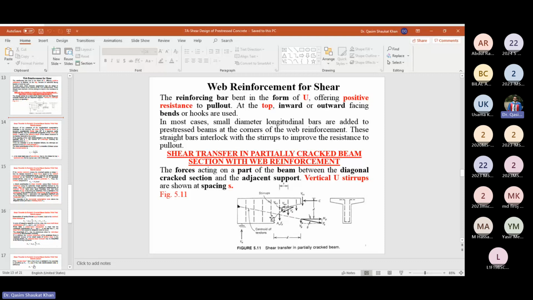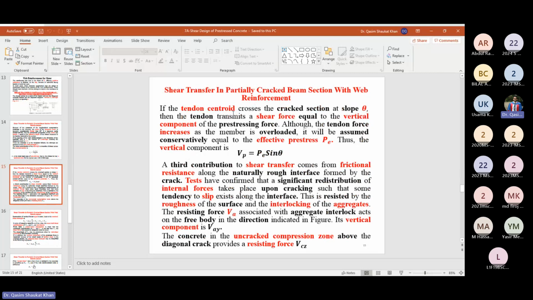So the vertical component of this has been taken as Vp.